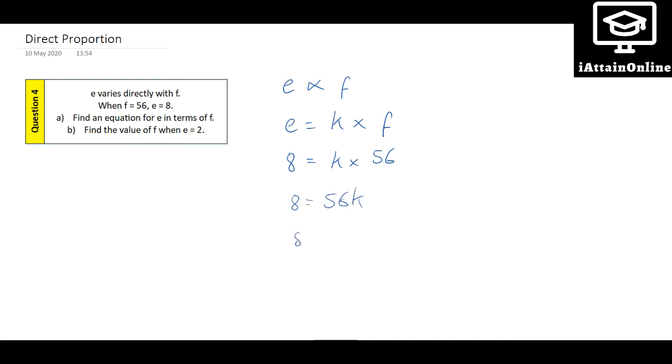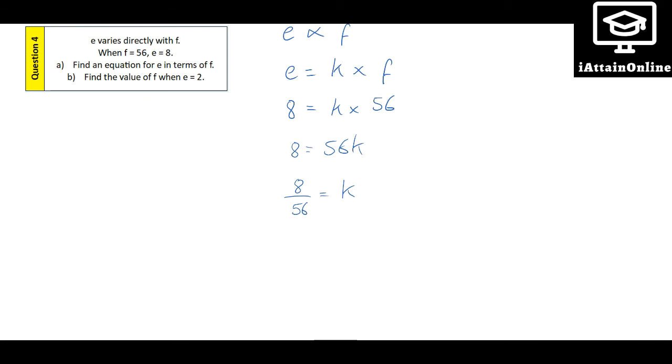Dividing both sides by 56 gives you that. Then we can just check to see if it simplifies. So 8, just like last time, does go into 56. 8 and 56 are both in the 8 times table. So if I divide top and bottom, I get that 1/7 is equal to k.